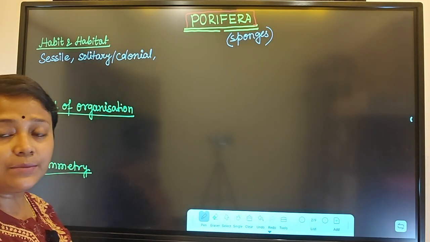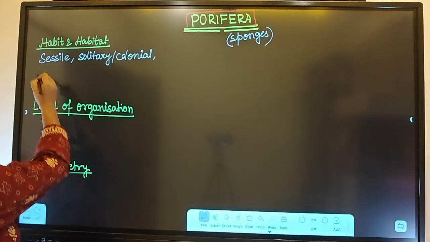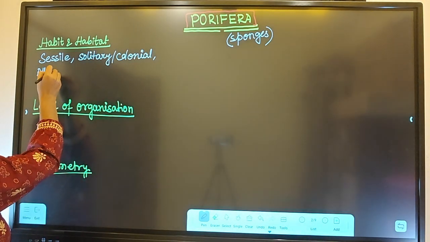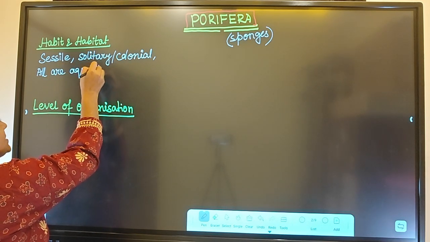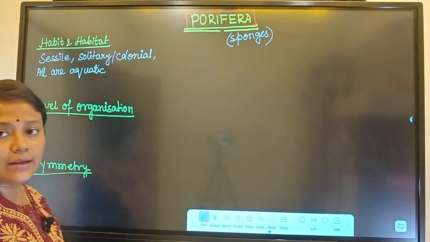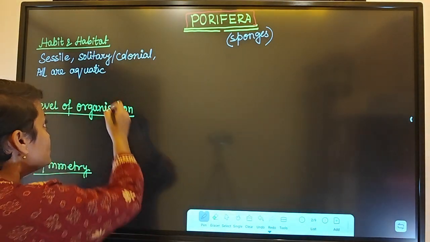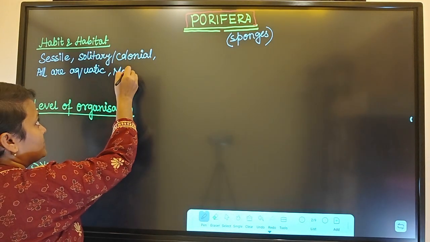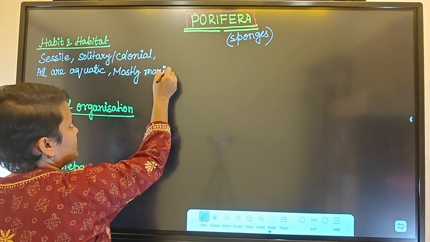What is habitat? Habitat means where they live. All are aquatic, which means all the species belonging to Porifera live in water. But mostly they are marine.